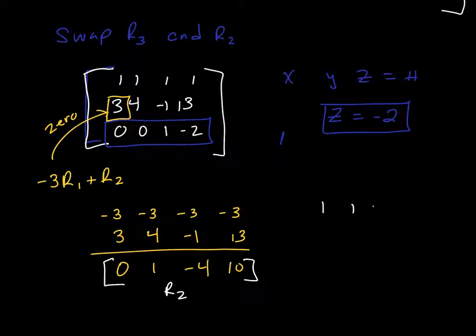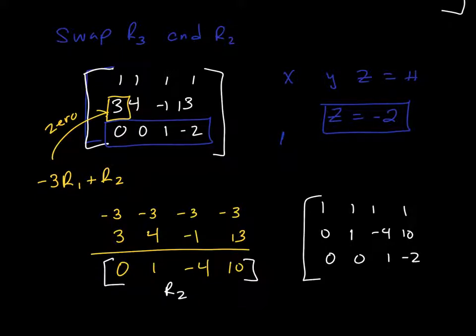Row 1 stays the same with all 1s. My new row 2 is 0, 1, -4, and 10. Let me just fix this real quick. That spot needs to be a 1. And the last row is still 1 and -2.